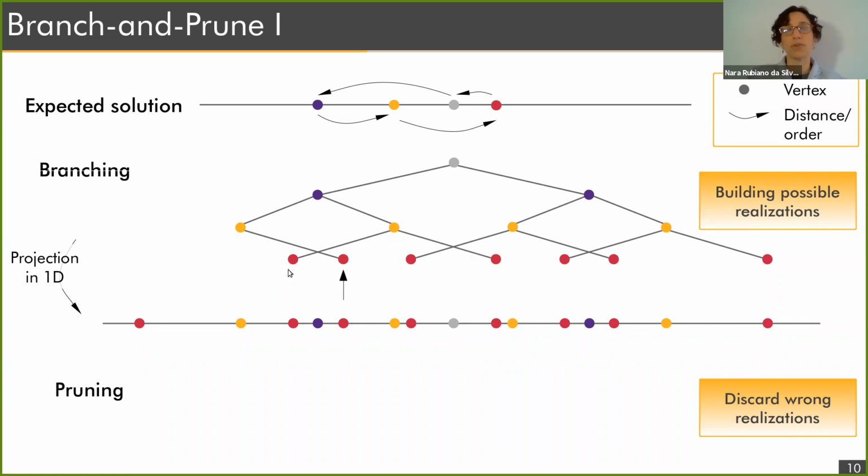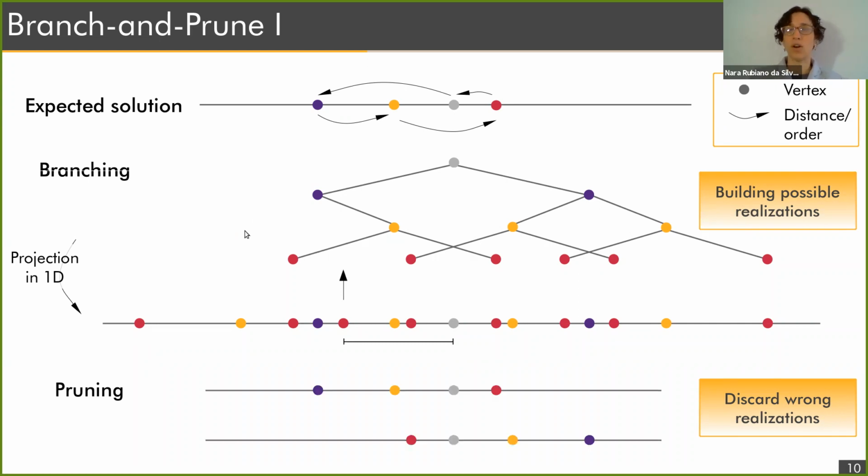And we do that again, for instance, with this vertex and so on. So in the end, we can discard all wrong realizations and have only at most these two solutions here on the bottom. One corresponds to the expected one and the other to a symmetric image of it.